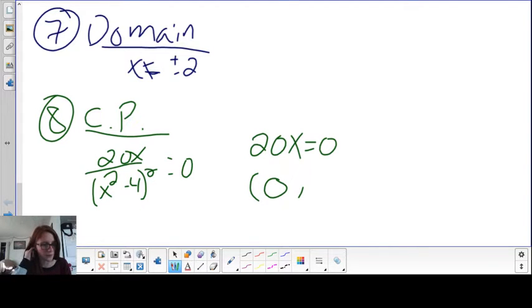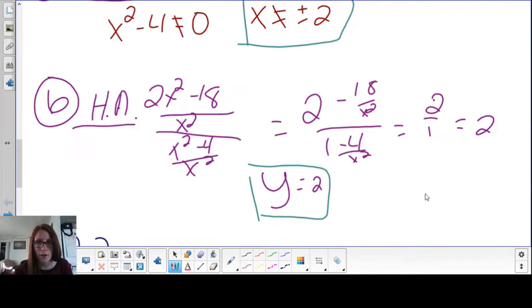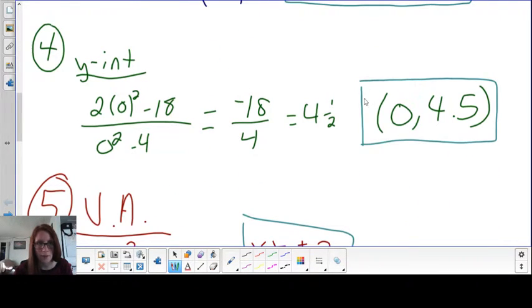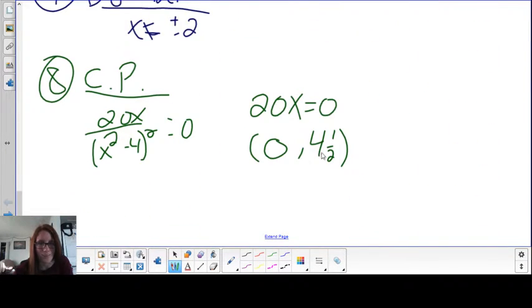And typically we plug the 0 back in and solve for it, but we already know above that it's 4.5. If I scroll up, we already got that up here with my y-intercept, so I'm not going to highlight it again because I've already talked about it. I just know that my critical point is going to be my y-intercept.